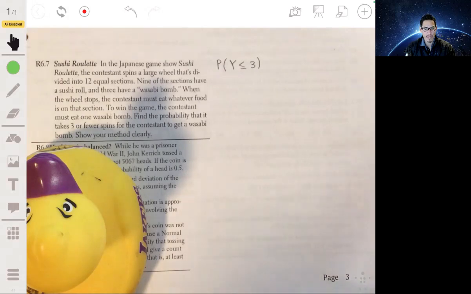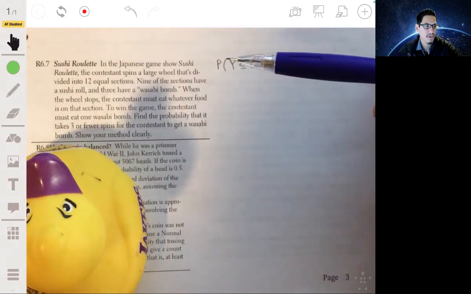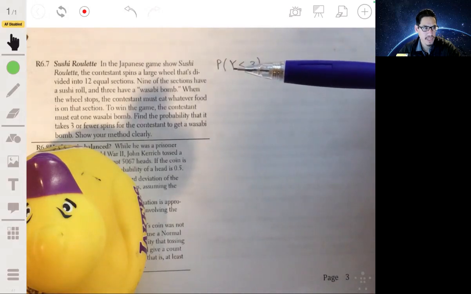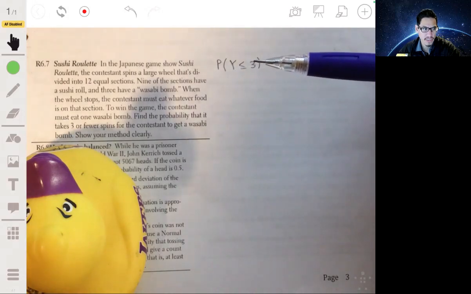In binomial distributions, it's like if you were to spin this 10 times and count how many times you would have landed on the wasabi bomb. Here you're just spinning until you land on a wasabi bomb.